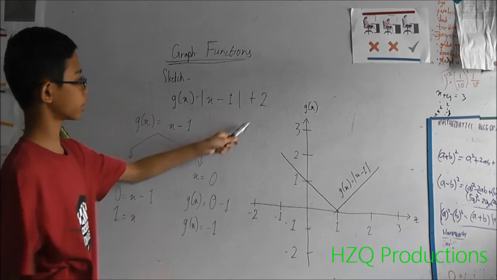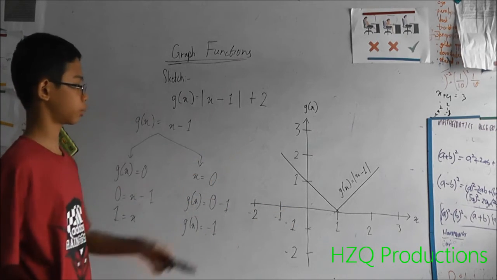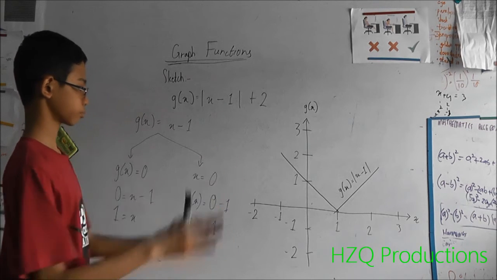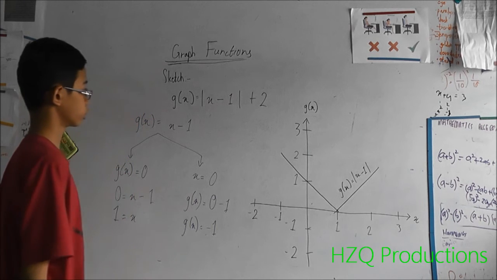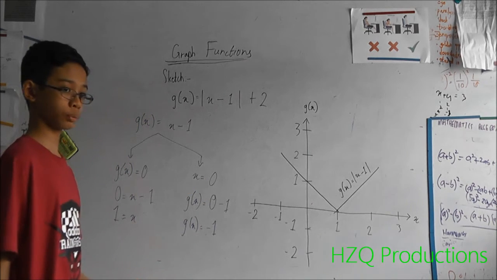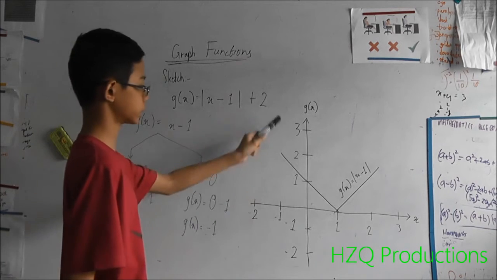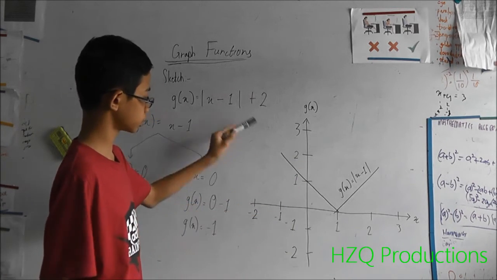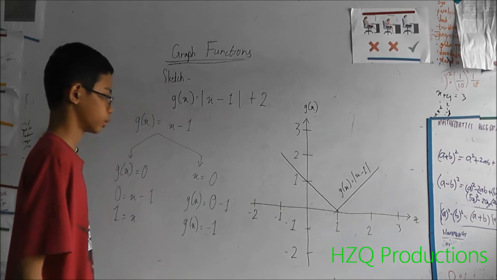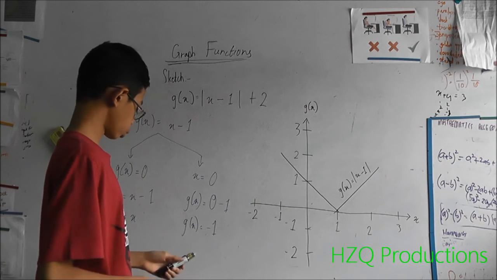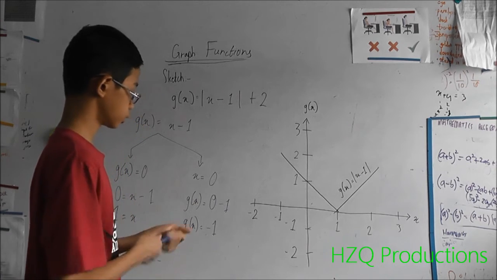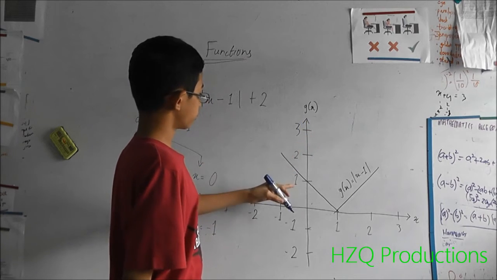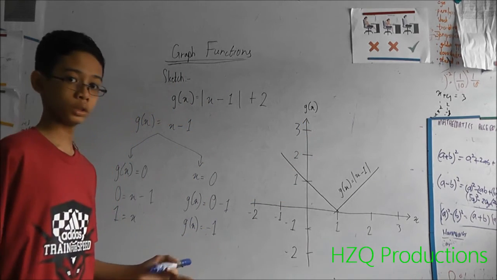Then how about the plus 2 here? Why do we need the plus 2? The plus 2 is used to increase its height. Not the plus 2 like the original. If I say minus 2, this thing will go down. If I say plus 2, it will be going up. So if I draw here, that's 3, 1 plus 2 is 3.